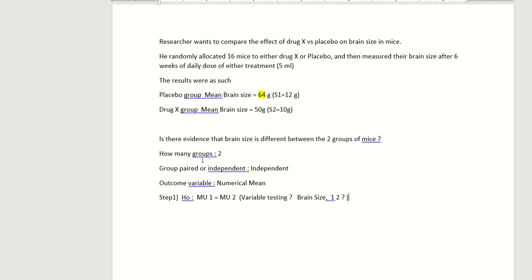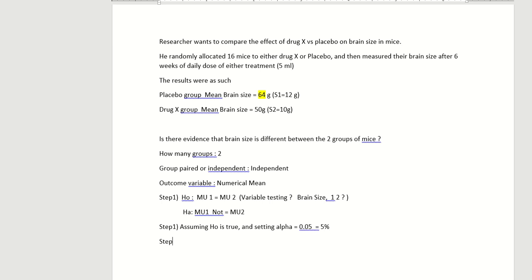Group 1 are those that received placebo, and group 2 those receiving the drug X. To finish step 1, you write the alternative hypothesis, which is mu1 not equal to mu2. Step number 2, by now everybody is familiar with that. This assumes the null is true, and we set alpha at 0.05, which is equal to 5%.